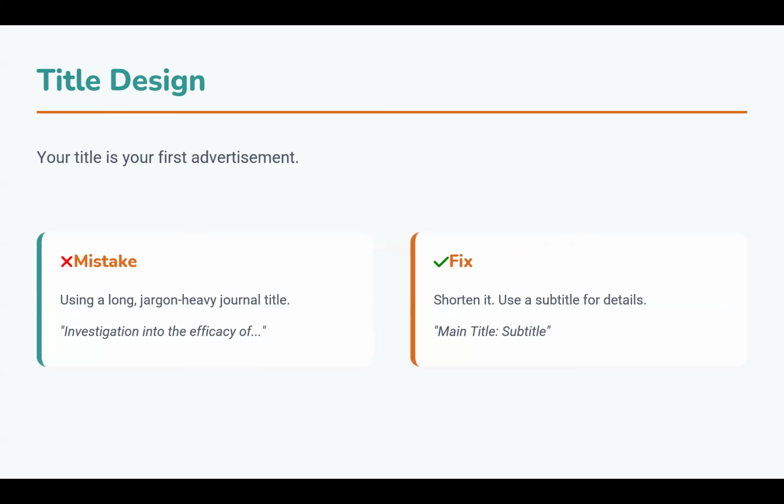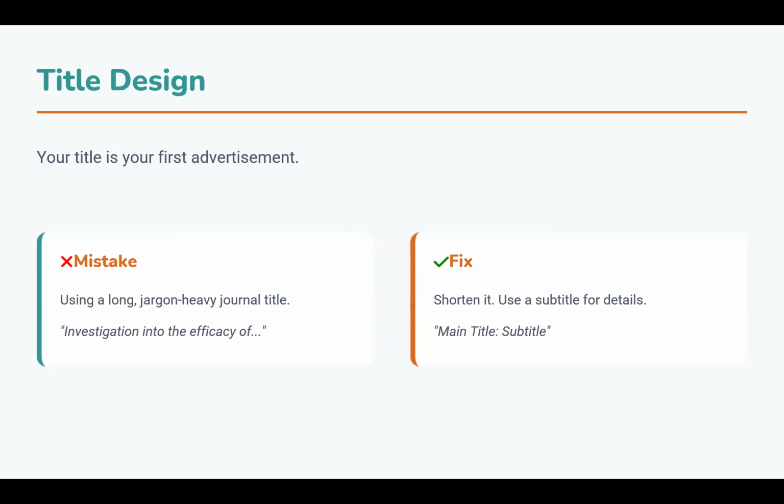Well, title design. Your title is your first advertisement, remember. We discussed it last session as well. Your title matters, and you should design it to ensure that you craft everything crystal clear, right? The mistake you make is that long, jargon-heavy titles might disrupt your first advertisement.